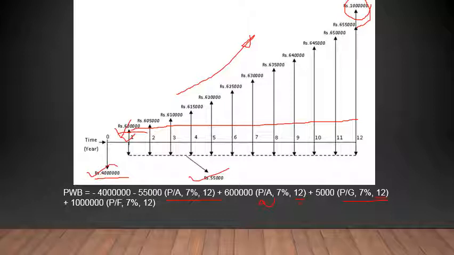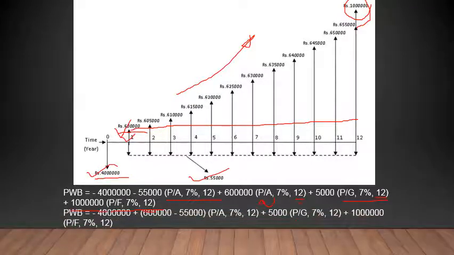G is over, cost is over, initial payment is over, salvage value has not yet been considered. What is that salvage value? 10 lakh rupees. Where is it situated? At a distance of 12 years from now. Since it is a single payment situated at t is equal to 12, it has to be F. Convert that F into P using the factor P by F comma 7 comma 12.